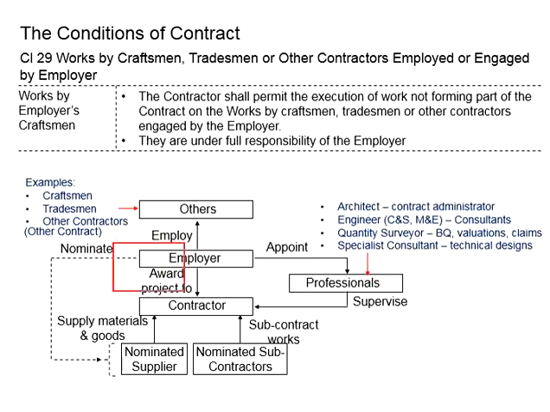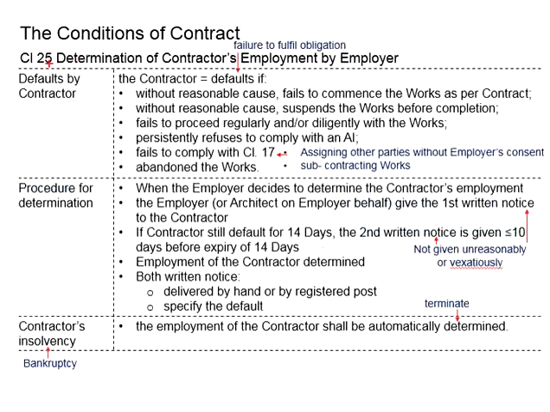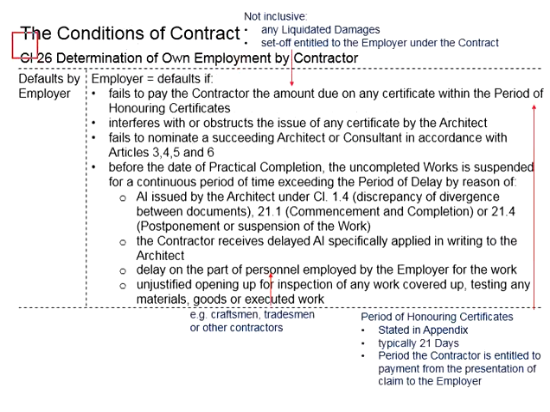In the case that any of them goes wrong, whoever has the problem will have to be removed from this relationship and be replaced by somebody else. So far we have been to clause 25, which is related to the determinations of the contractor's employment by the employer. We also discussed clause 26, which is the determinations of the own employment by the contractor.